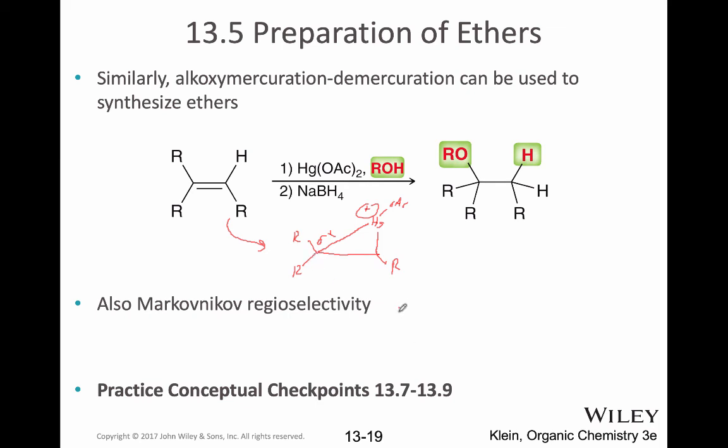So what happens then is your alcohol can open up your mercurinium ion. This is just like in the previous slide with water, but instead of water opening it up, you have an alcohol opening up that mercurinium ion.